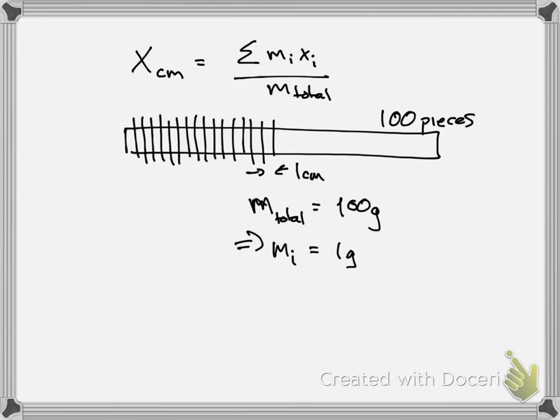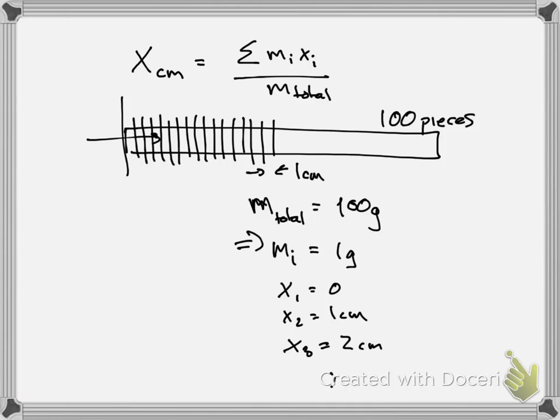The position of each piece, x sub i: we could start our origin at the left-hand side, so x1 is 0, x2 is at 1 centimeter, x3 is at 2 centimeters, and so on. We could then do a sum over the 100 pieces, divided by M total, to figure out the center of mass.